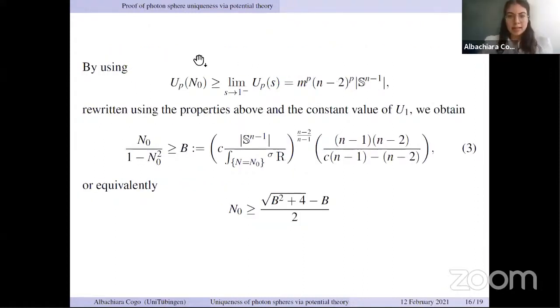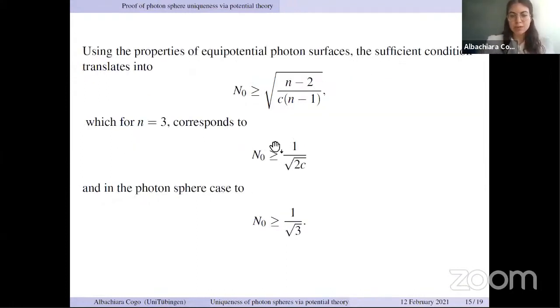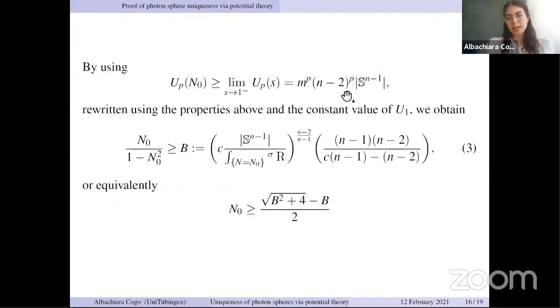So we are only left to prove this lower bound for n0 to conclude, and we can still use potential theory and observe that since the UP functions are non-increasing along the level sets of n, the UP functions computed at n0 have a bigger value than the value at infinity.